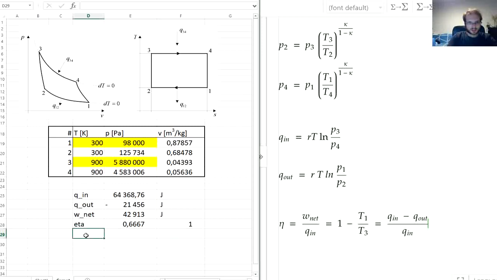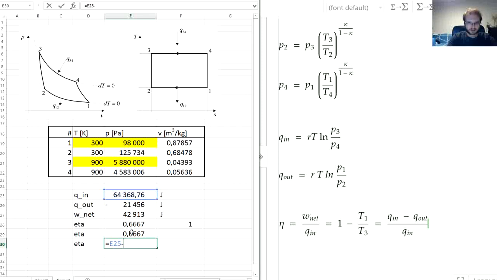Now let's check if the other expressions will also apply. So let's try 1 minus T1 divided by T3. We get the same, and also heat input minus, and now careful, this heat input minus heat output means absolute values.